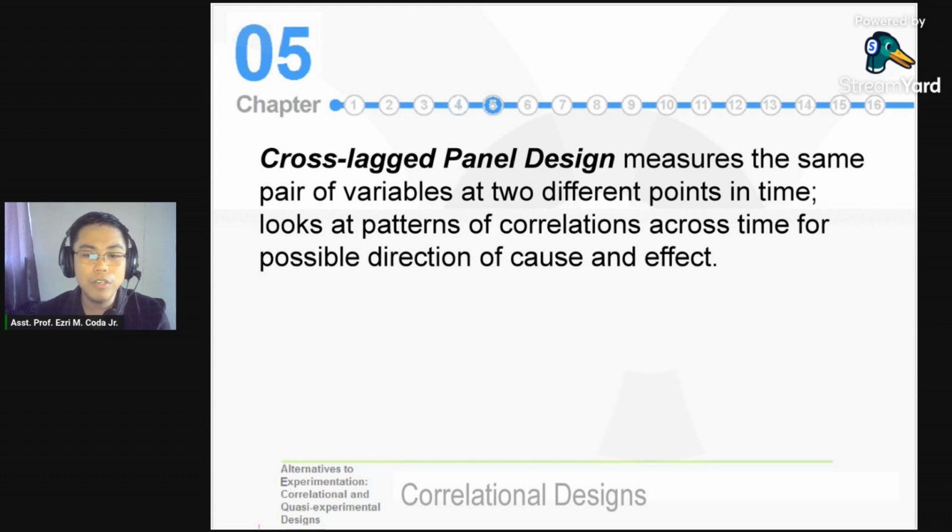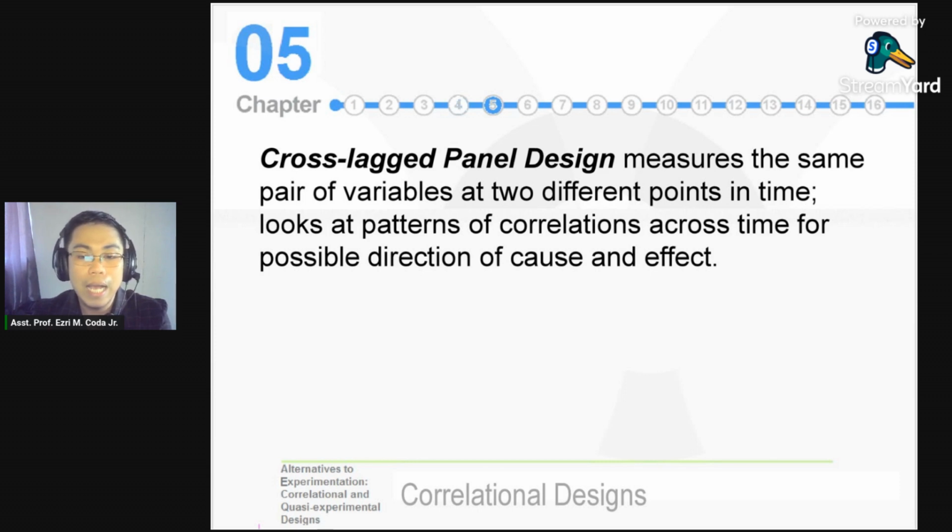Now, yung cross-lagged panel design naman, it measures the same pair of variables at two different points in time. Ibig sabihin, the same variables were being tested but in two different points in time. Before or after, or from 2001 and 2003, yung unang point of time is 2001, ikalawang point of time is 2003.